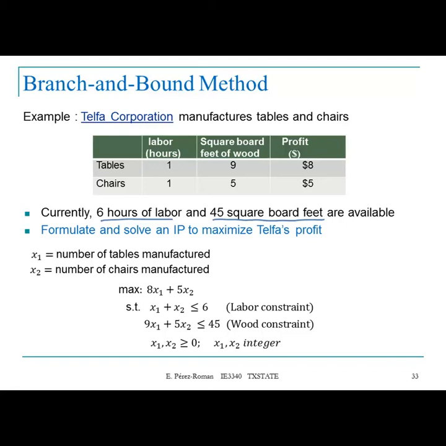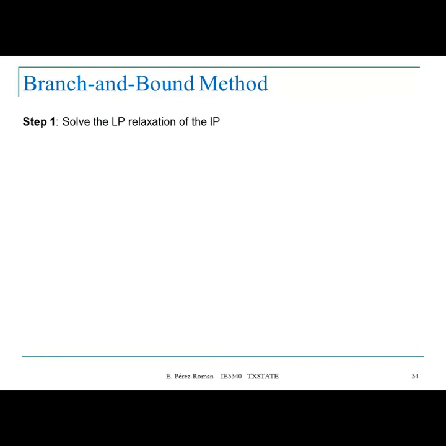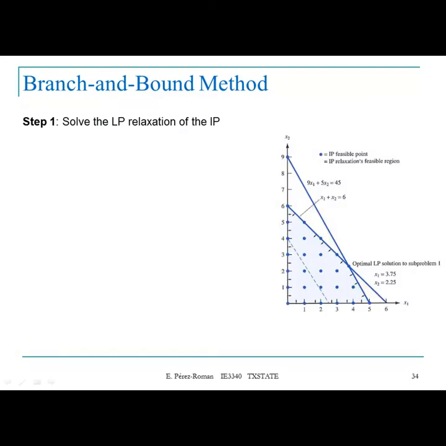Those are numbers that you cannot use, but you can get a first solution. And that initial solution is what we are looking for. So if you solve the LP relaxation of the IP, this is the first constraint. This is the constraint for the labor, for the material, and this one is for the labor.